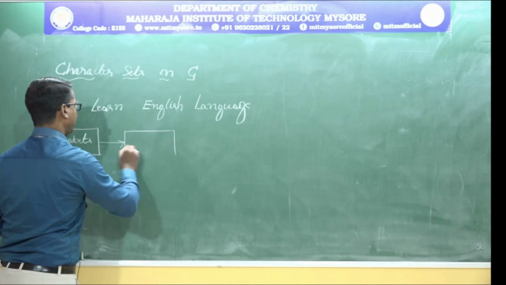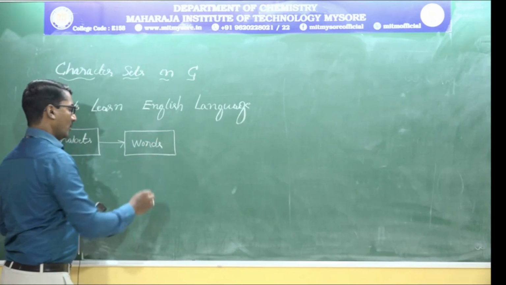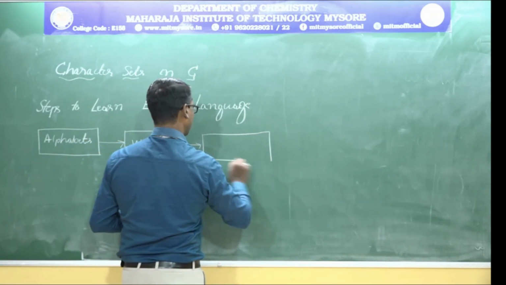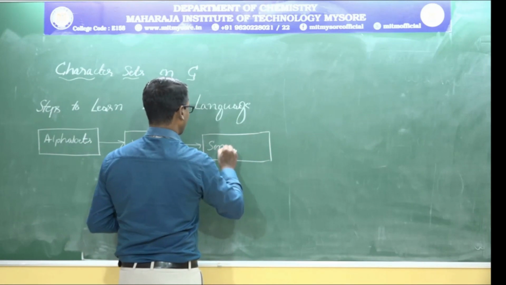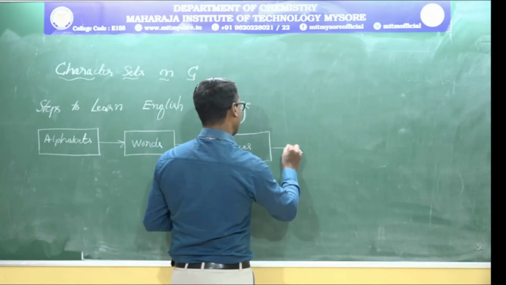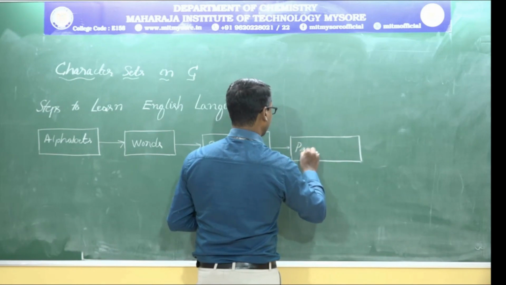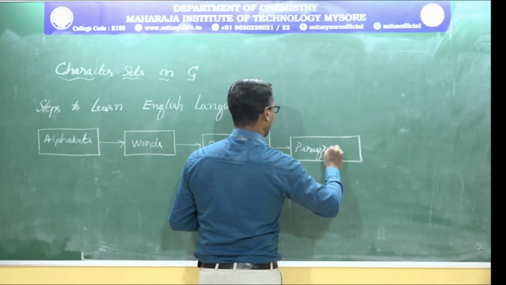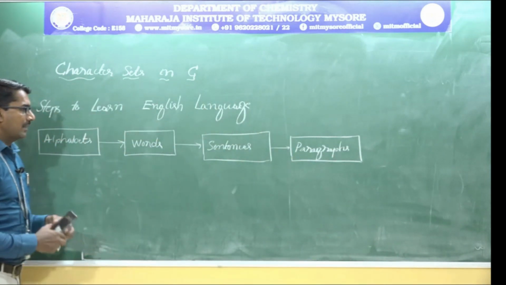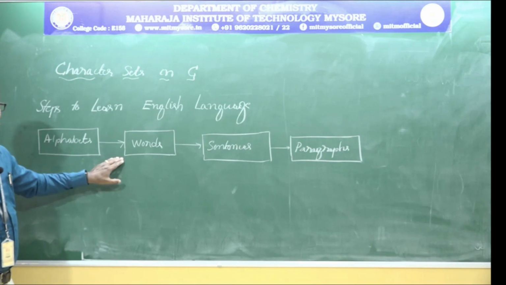Then words, sentences, paragraphs. So in order to learn the English language, first we need to learn alphabets, letters, words.